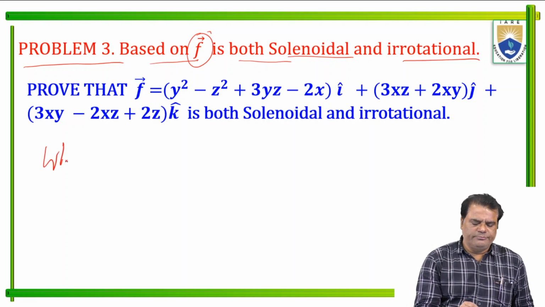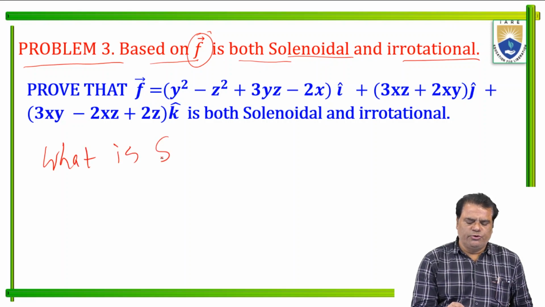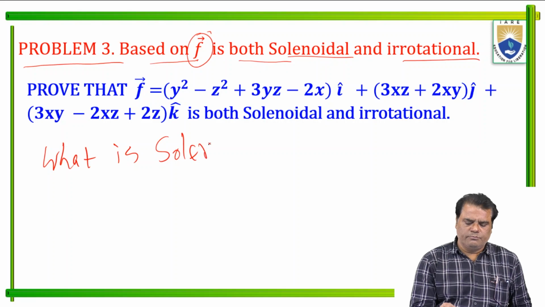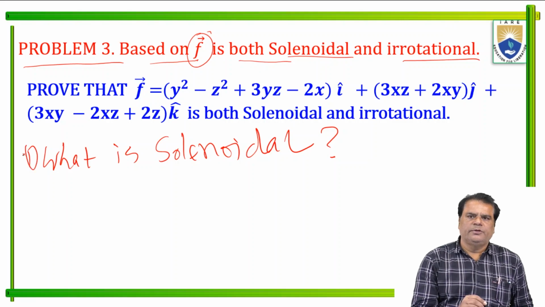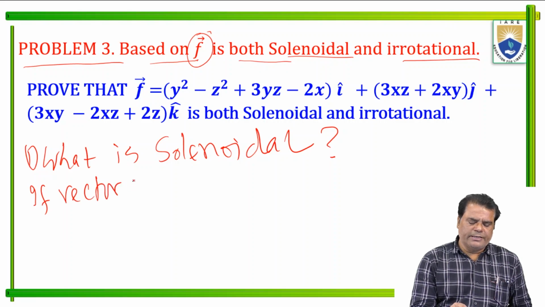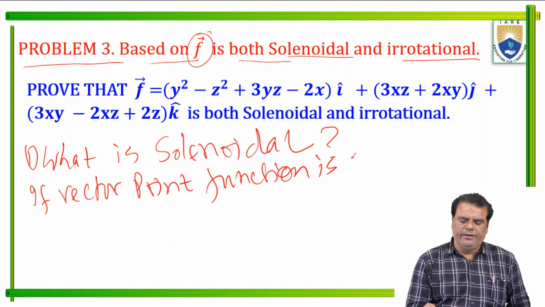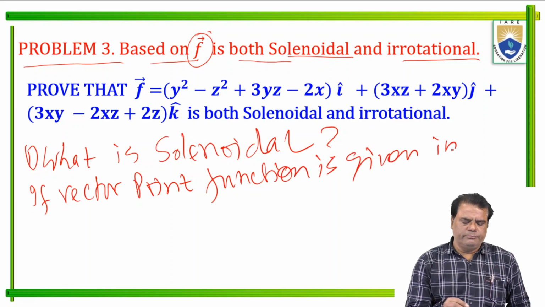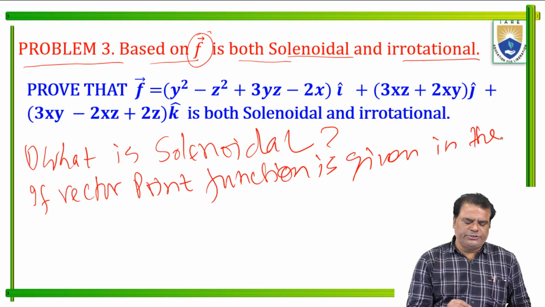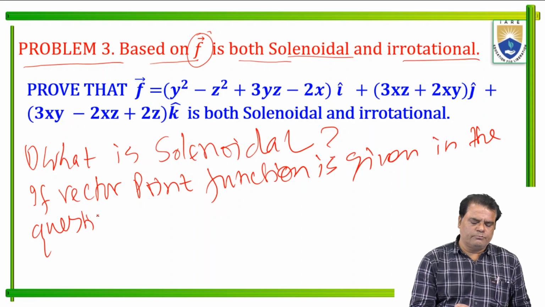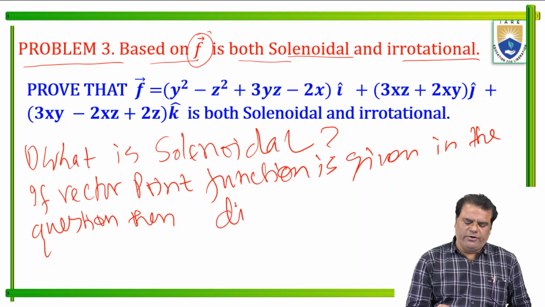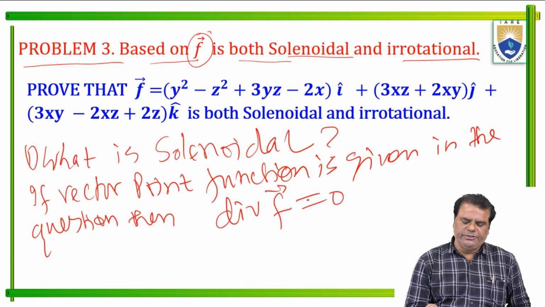So what is solenoidal? If a vector point function is given in the question, then the divergence of f must be 0.